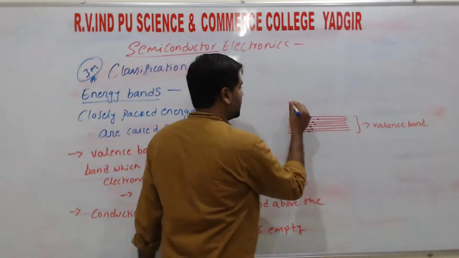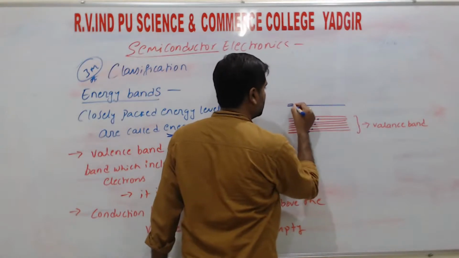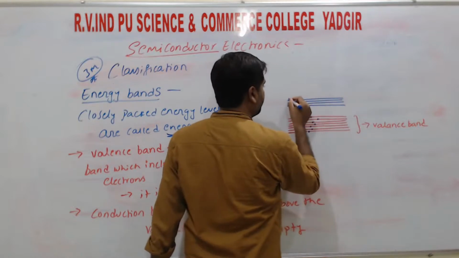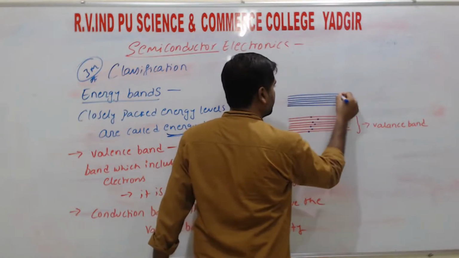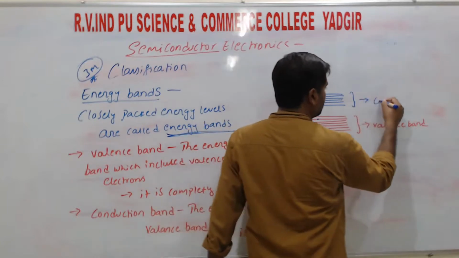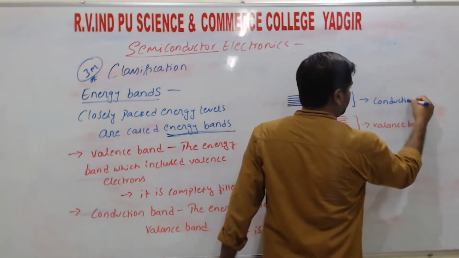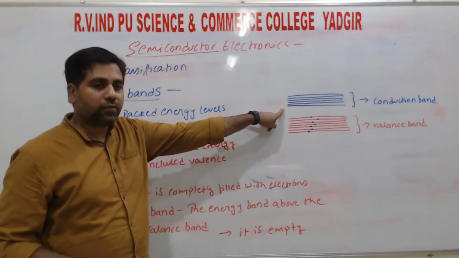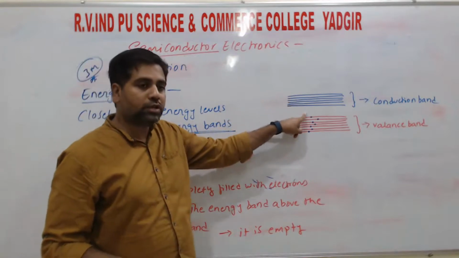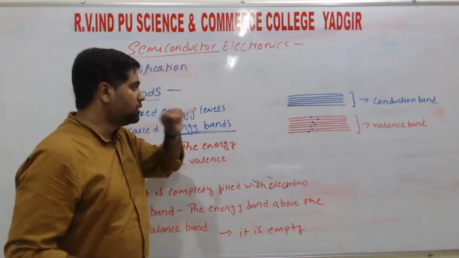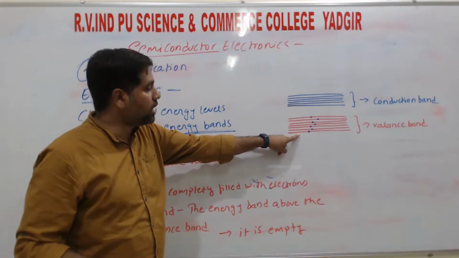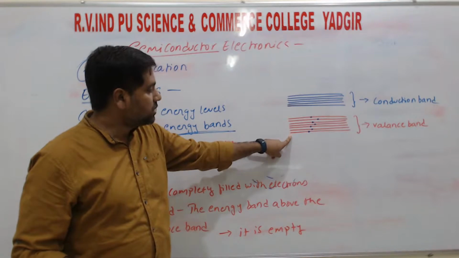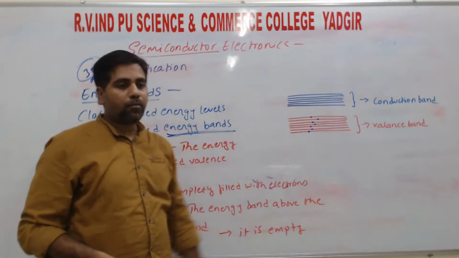So above this band, we have more energy levels. This one we call the conduction band. Here there will be no presence of electrons. This band is almost empty, and that's why we call it the conduction band. Here the electrons are almost filling all the energy levels, so this one we call the valence band, right?